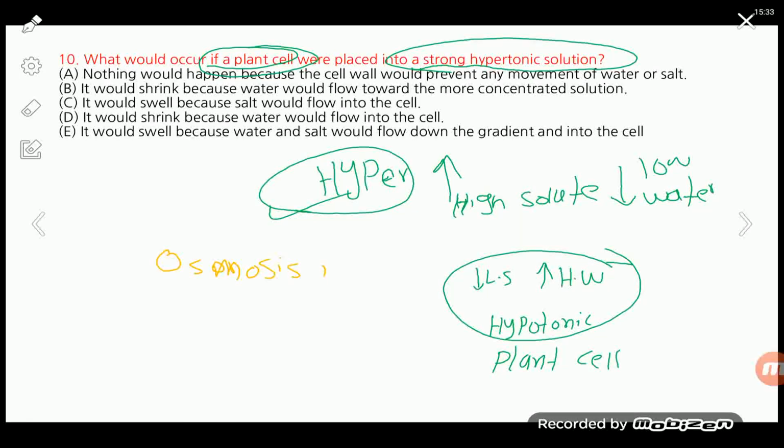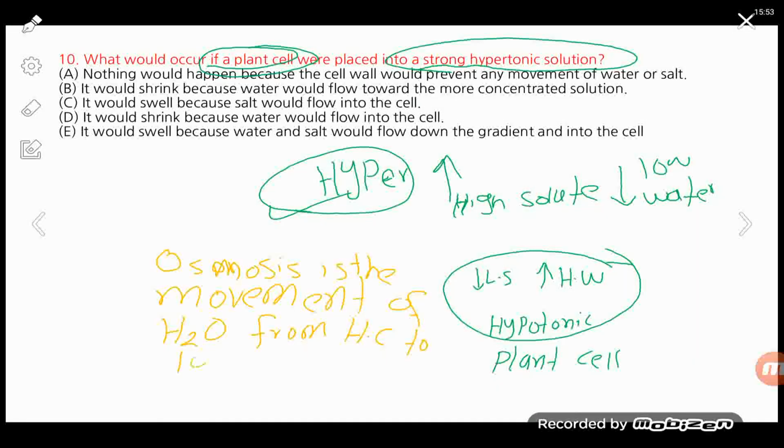Osmosis is the movement of water from high concentration, I will write it as HC, it means high concentration, to low concentration.